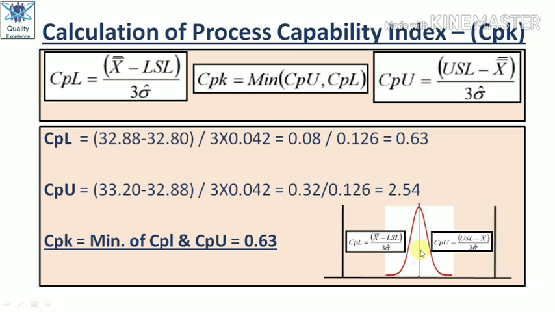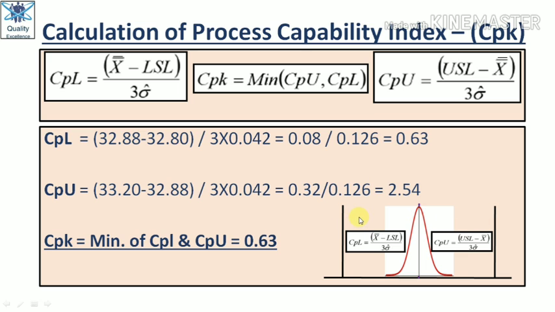And when it is lying on the target line, it divides this process specification into two parts, where one is X double bar minus LSL, this is the left part, and the second is USL minus X double bar. So this is the right part.